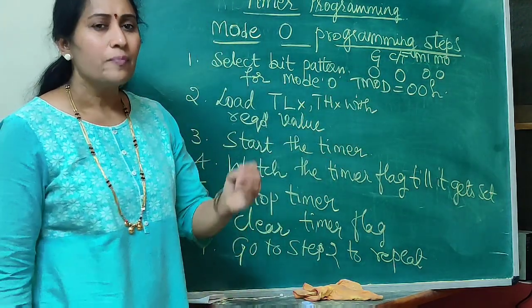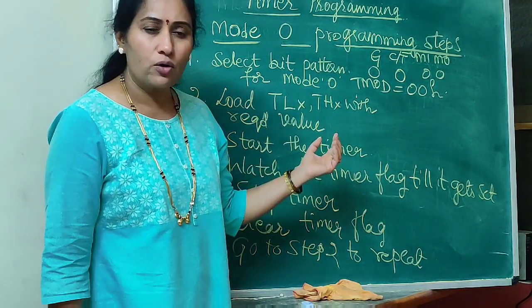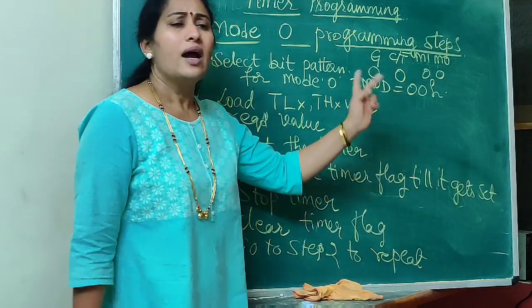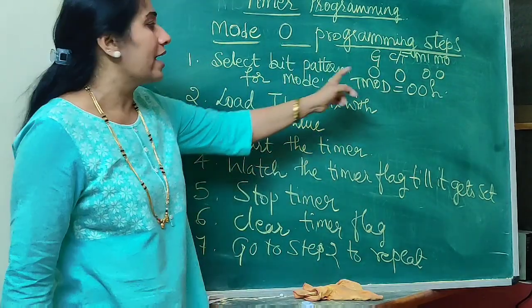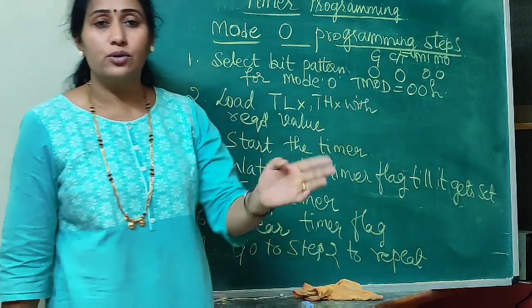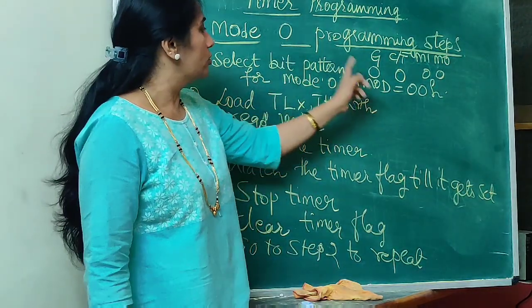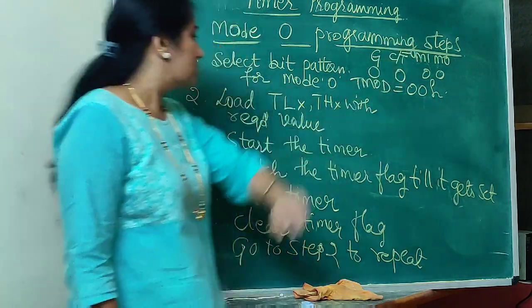Accordingly you have to write, wherein G will always be equal to 0. If it is a counter, you have to write 1. If it is a timer, you have to write 0. And whatever mode they have selected, accordingly you write 0, 0, 0, 1, 1, 0. I have loaded over here, since it is mode 0, TMOD equal to 00.